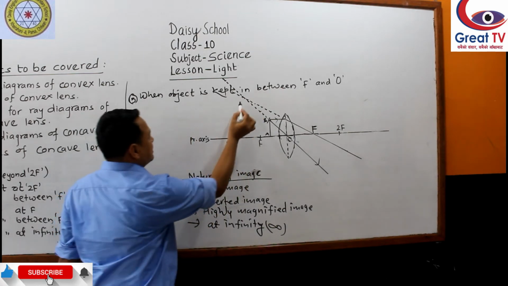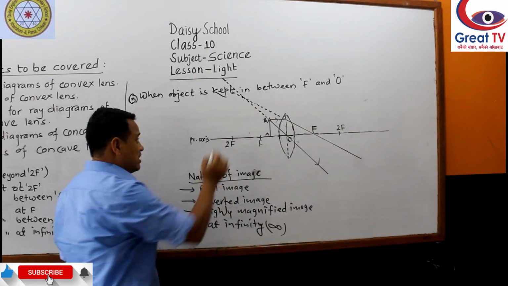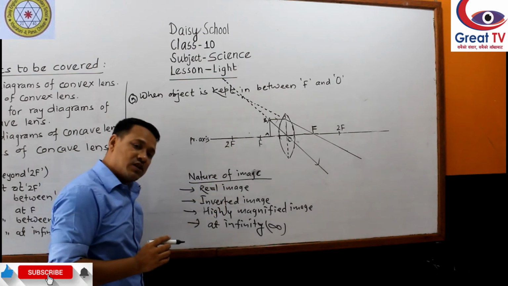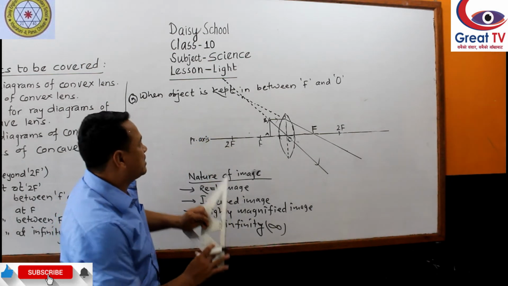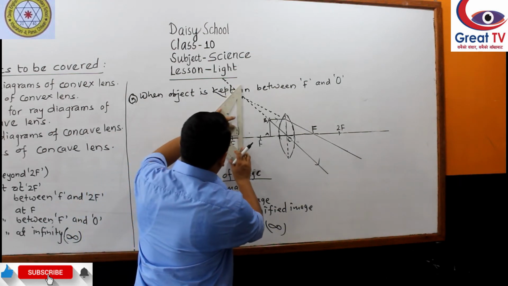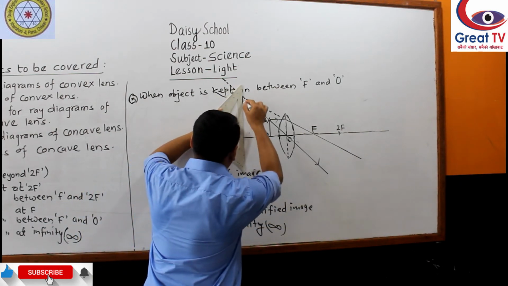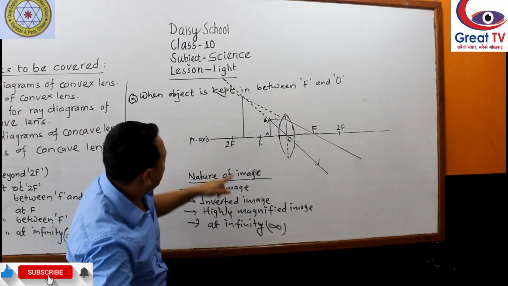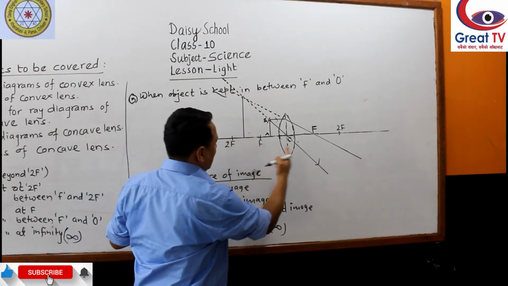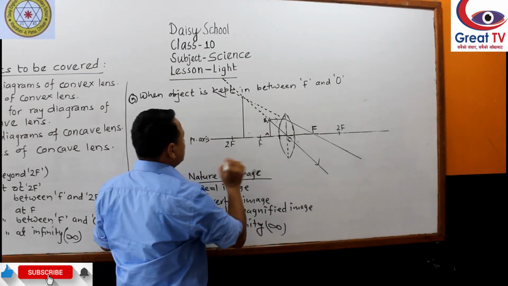This is the place where the image is formed. At this intersecting point, the image is formed. So let's connect this intersecting point to the principal axis. Remember, this is the image.